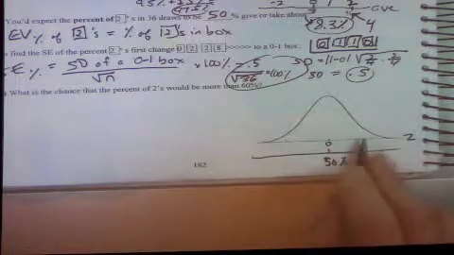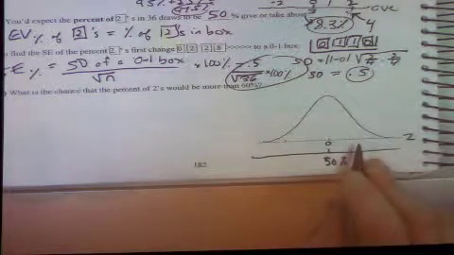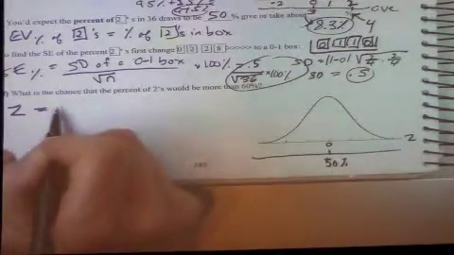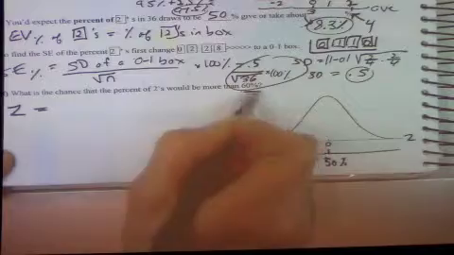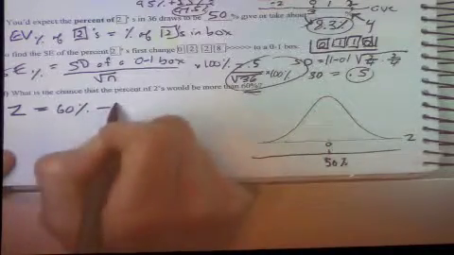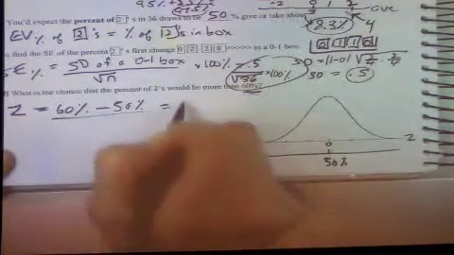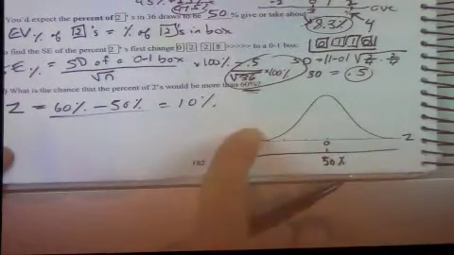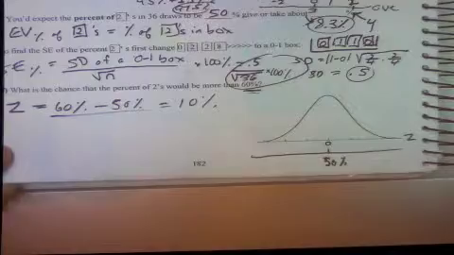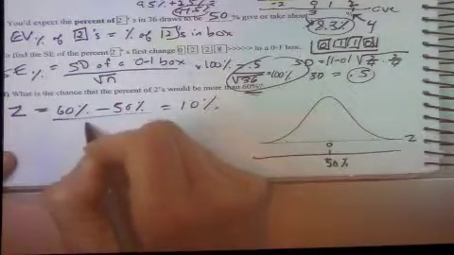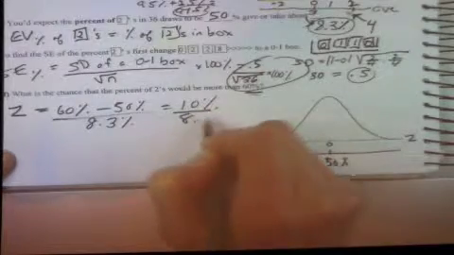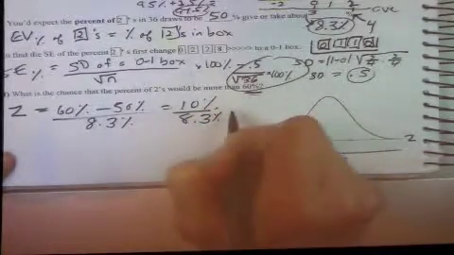Well, z is going to be equal to our value, 60% minus 50%. That's our 10%. We just want to know where to place that 10%. How many standard errors is it? Well, you don't know until you divide by the standard error, which was 8.3%. So it's 10 divided by 8.3%.